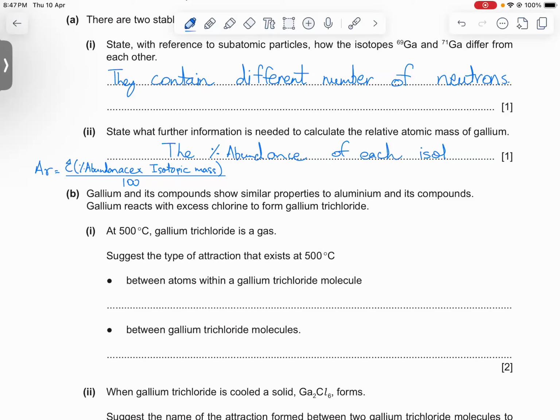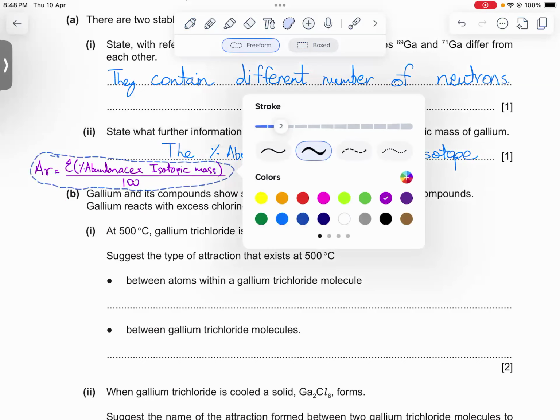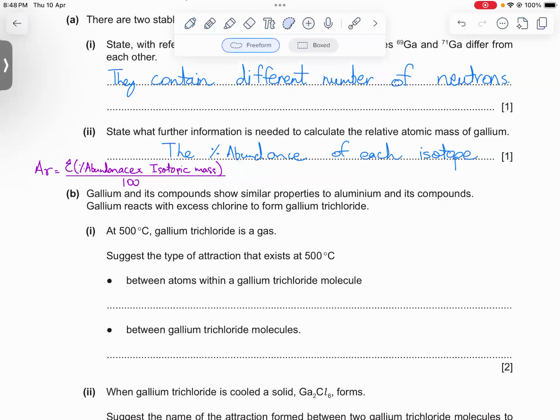This is something you require to calculate the relative atomic mass. The formula is given right here. This was not required to answer the question; you did not need to write the formula down. But if you know the formula, then you know that we can only calculate the relative atomic mass if we know both the percentage abundance and the isotopic mass, right?